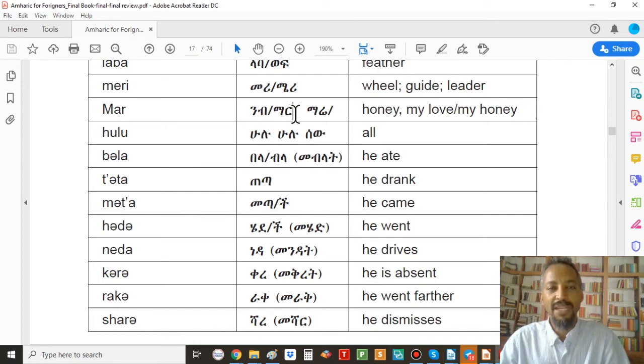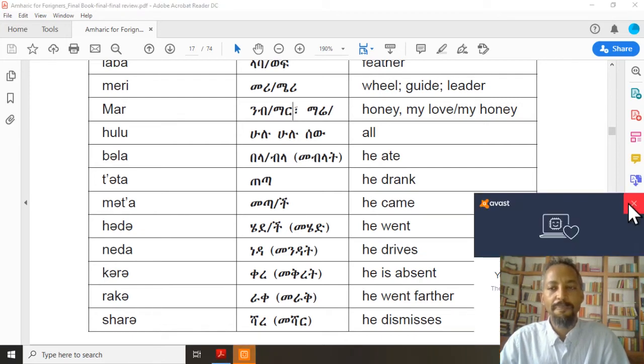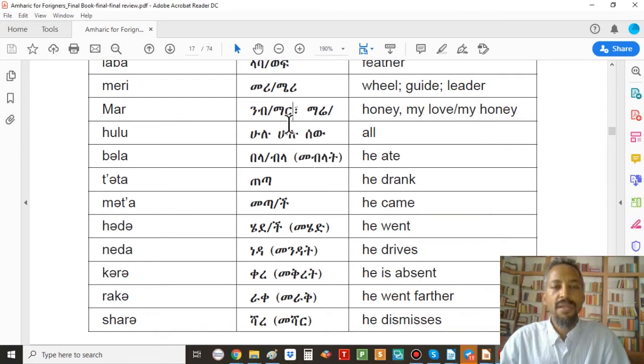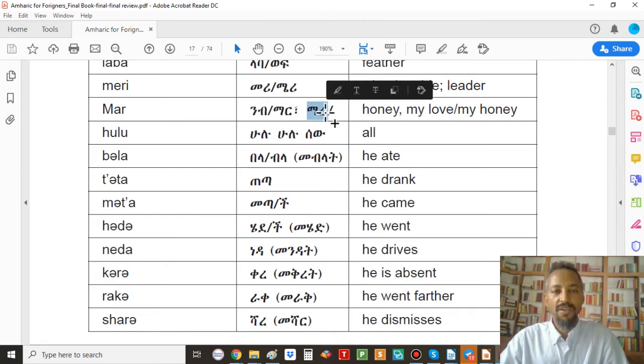Nib makes mar, like bee makes honey. Nib is bee, the insect bee, and mar is honey. The third word here is mare. When you say mare, you're saying my love, my honey, my sweet.